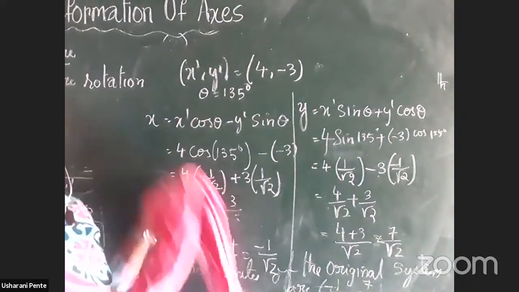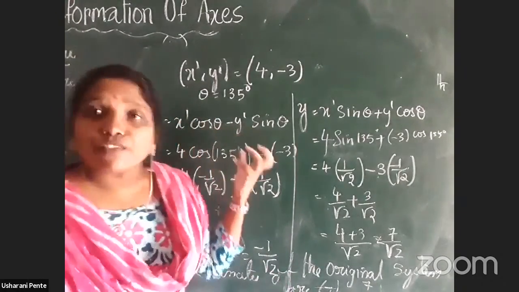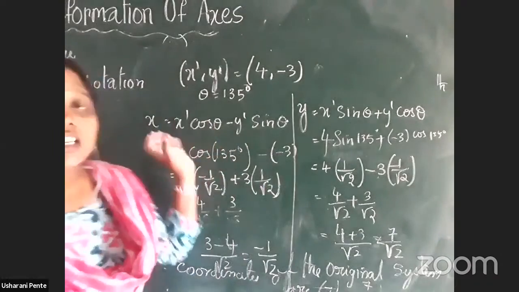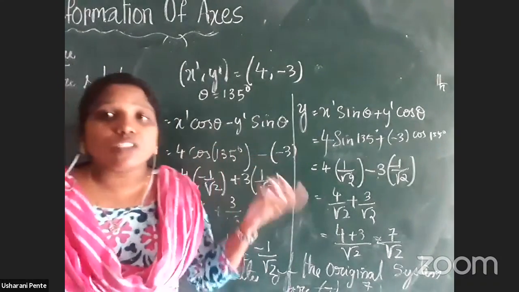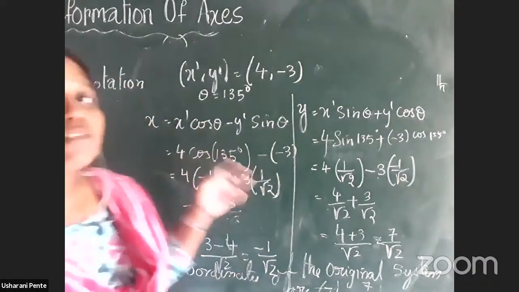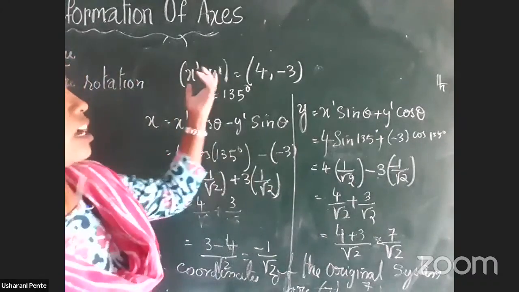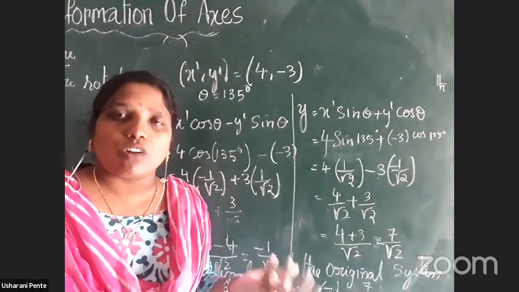So what have we seen today? We have seen the definition of the rotation of axis and how the coordinates change by the rotation of axis. If they give the coordinates of the new system and theta, we can find the coordinates of the original system.